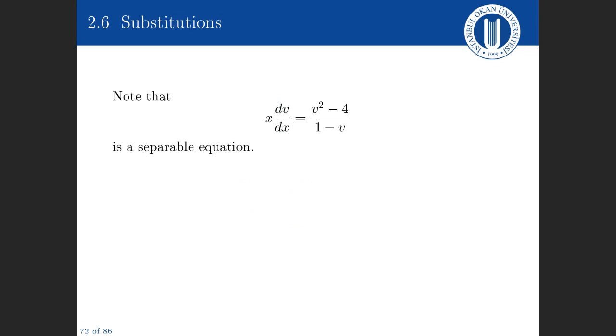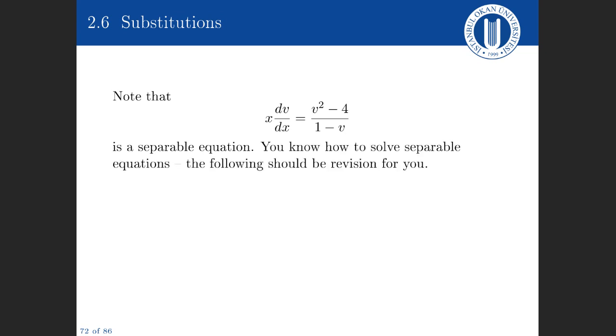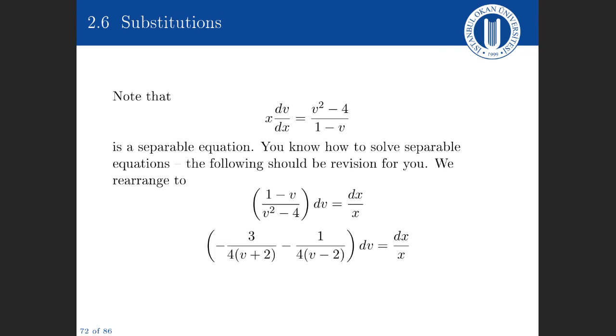You know how to solve separable differential equations, so the next part of this example should be revision for you. What we do is we rearrange it to separate the variables, move all of the v terms to the left and move all of the x terms to the right.